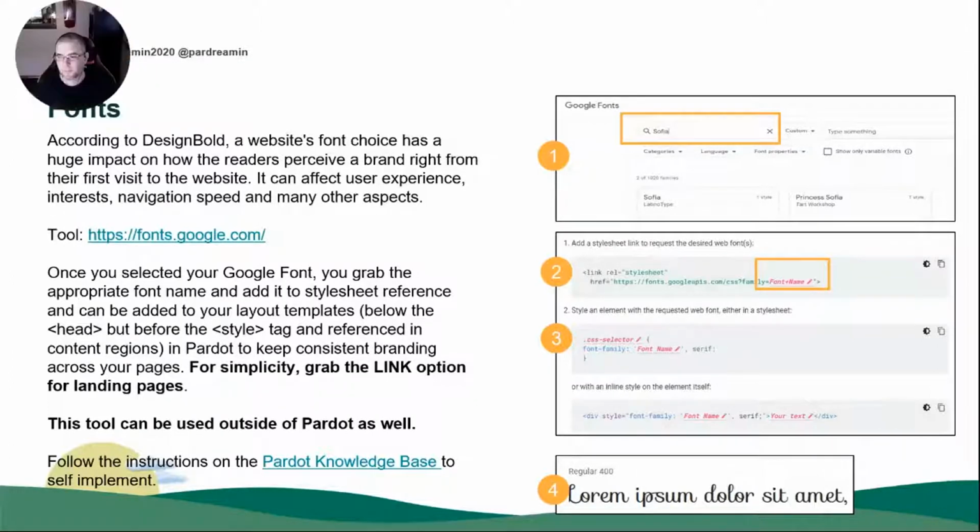This is more for landing pages, even though you can use it on emails. But again, your knowledge article is going to tell you the distinction between the 2 different ways that you would want to add these files for specific custom fonts for either landing pages or for emails, and it is slightly different.